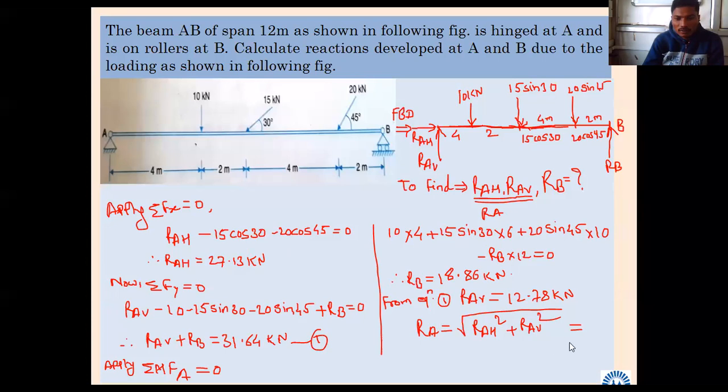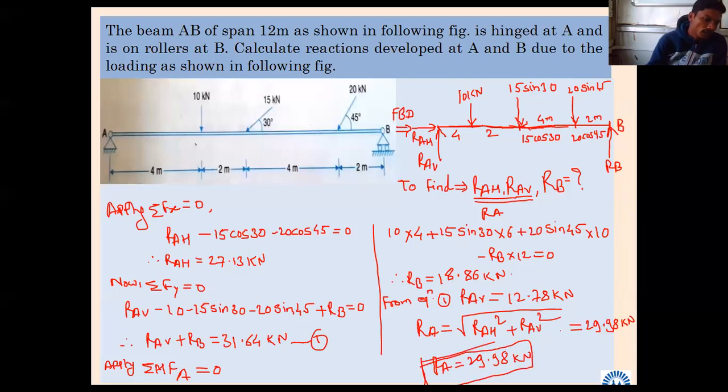What is the value of RA? 29.98 kilonewton. So RA is 29.98 kilonewton. Okay, something like this.